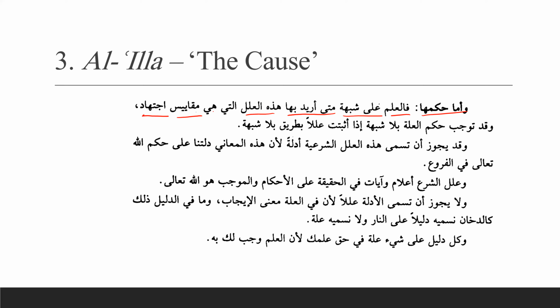So these human efforts to arrive at these causes give us a probable knowledge of what God wants from us. Occasionally, the illah can give us certain knowledge. That's where the illah is arrived at through a certain method, which basically means it's explicitly stated in the sacred text itself what the cause of a ruling is.